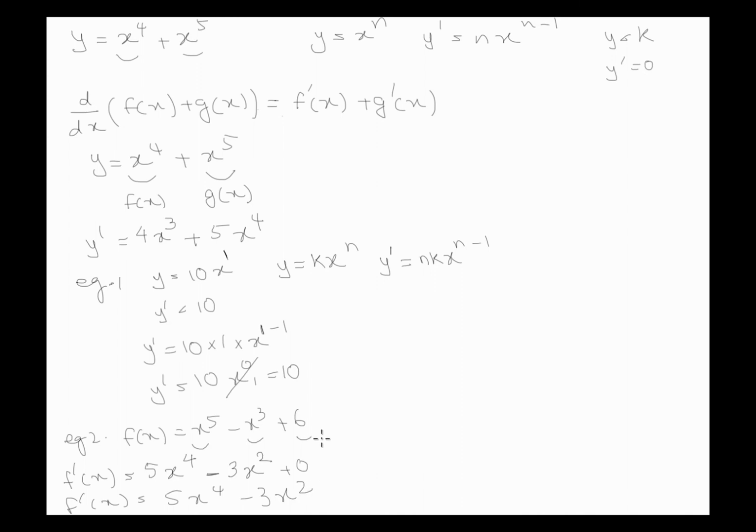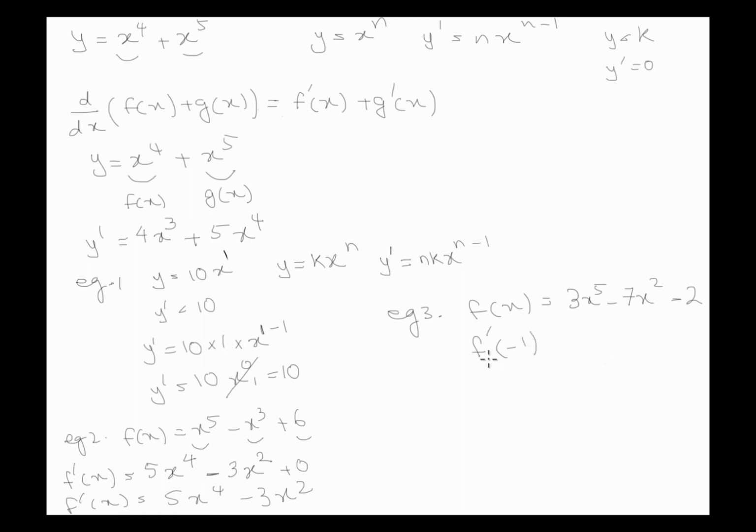Okay, perfect. Another example, example 3. Let's say I have f(x) is 3x to the 5 minus 7x squared minus 2. What I want to do is evaluate f dash of minus 1.